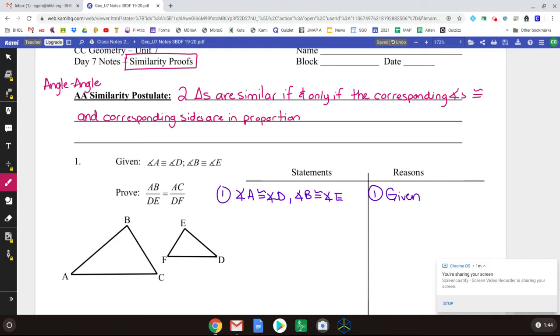So we'll know this both ways. If the sides are in proportion, then the angles are going to be equal. So we are calling this the similarity postulate.